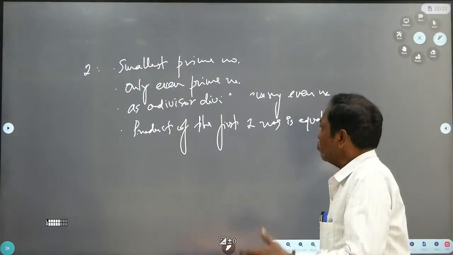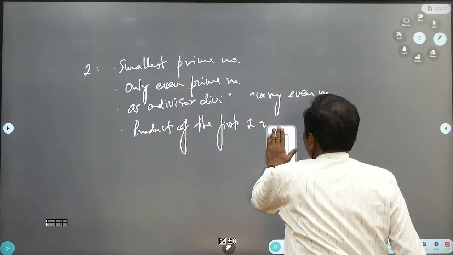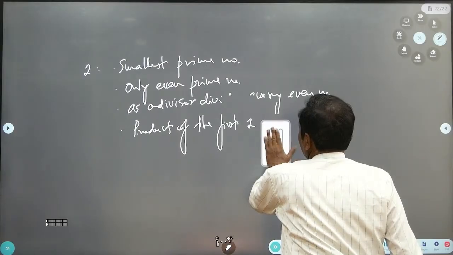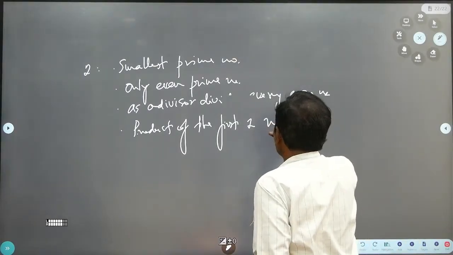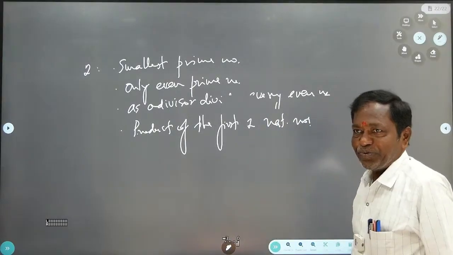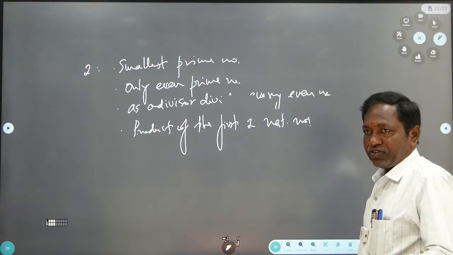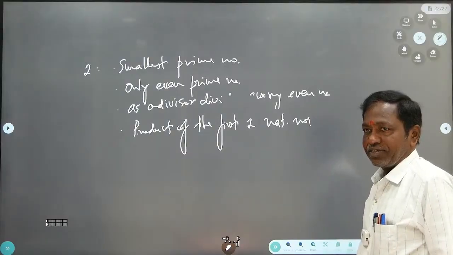The product of the first two natural numbers, sorry. First two natural numbers, 1 into 2, 2. Okay, the product of the first two natural numbers, like that.